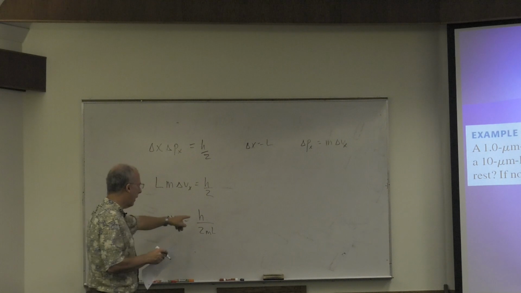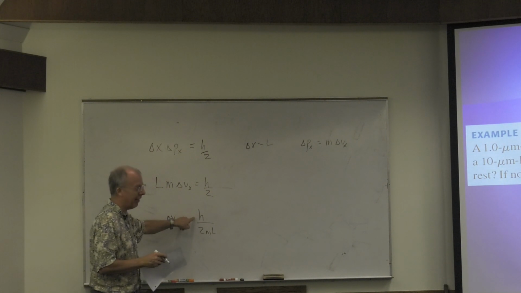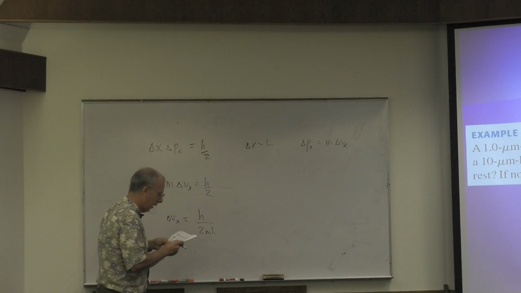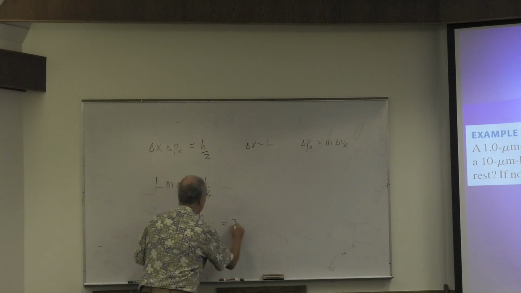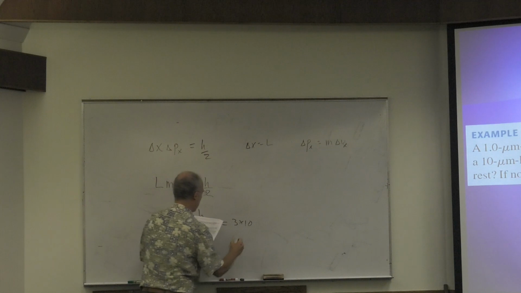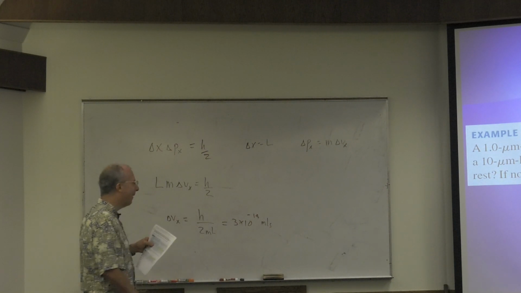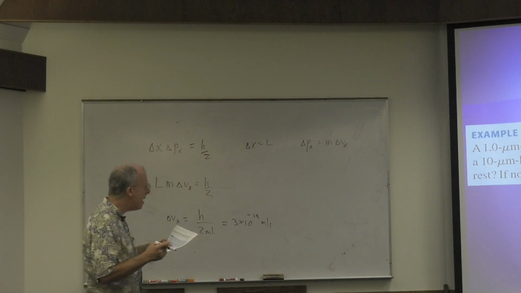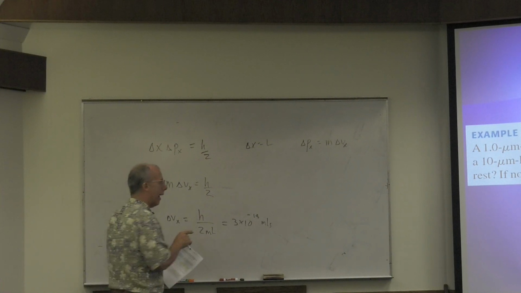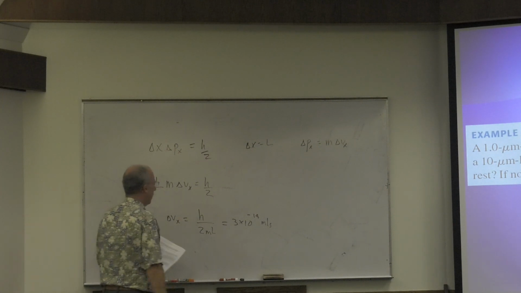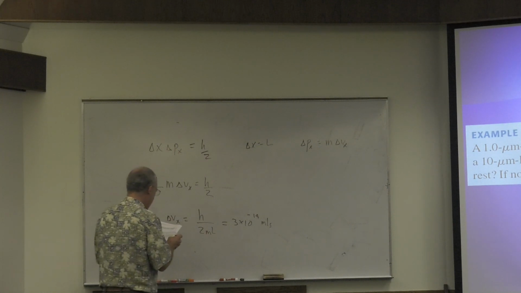Remember Planck's constant is super tiny. You just plug in the h and the m and the L. You get approximately 3 times 10 to the minus 14 meters per second. Okay, so what does that mean? Well, it could be going that way, could be going that way. That's the uncertainty. So what do we really have to say?